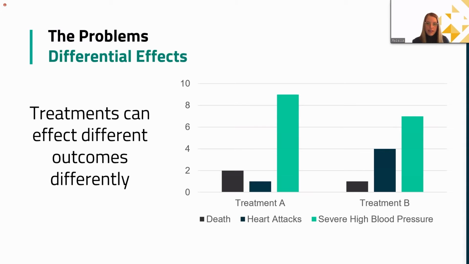So if you look at this graph that I've put together, this isn't real data, just to show the point. You can see that treatment A and treatment B have differences in the number of heart attacks, deaths, and high blood pressure, but actually there's the same number of total events. So if we looked at this using a composite endpoint, we would see that the 2 treatments are the same, even though we can see when we look at each outcome separately that there are significant differences.